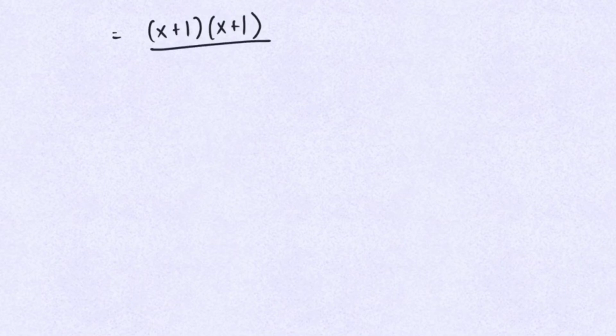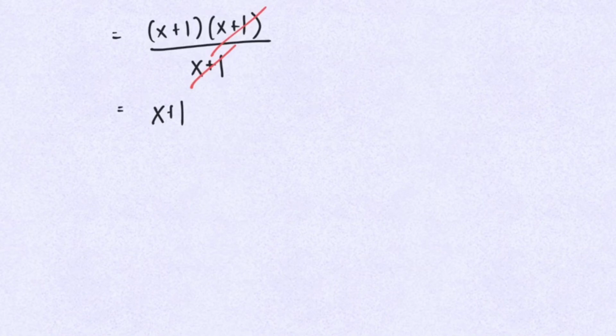Let's go back to the problem and write it as x plus 1 and x plus 1, the factors of the numerator, and then write the denominator because it is not a polynomial form. We don't need to factor it. The second step is to divide out all the common factors. We will now divide or cancel x plus 1 and x plus 1 because it is the same. So the answer will now be x plus 1.